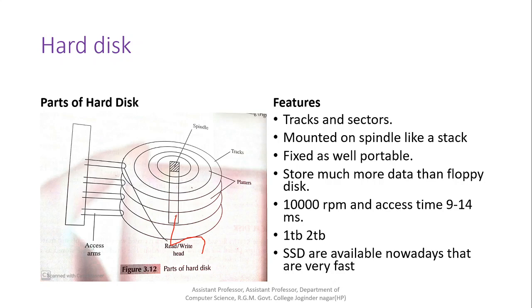It can be read by a read-write head. This one here is a read-write head. The data is stored on the platters covered with a magnetic coating, either on the upper side or on the lower side of the platter.